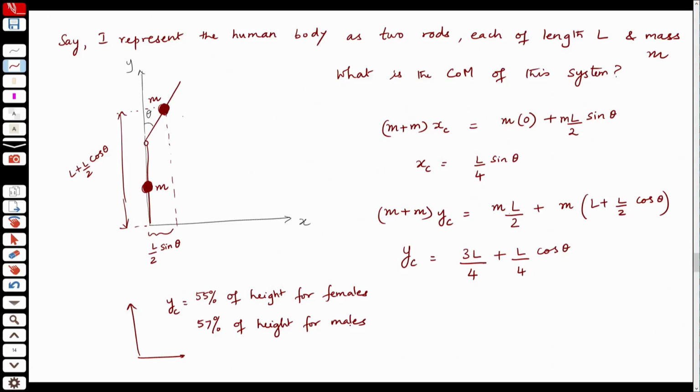Okay, this is for the normal standing position. You remember, it is located at the level of the second sacral vertebra.